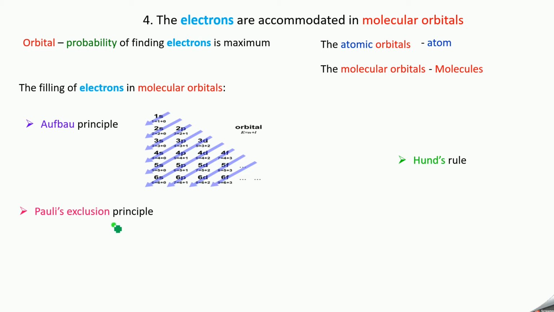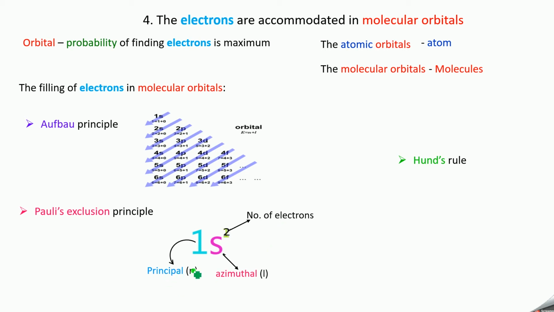Here it says that no two electrons in an orbital can have all four quantum numbers identical. For example, you have learned this one: 1s2. We have learned this in atomic structure. 1 is the principal quantum number, s is for the azimuthal quantum number, and the 2 represents the number of electrons.